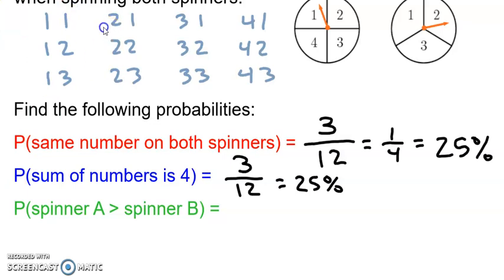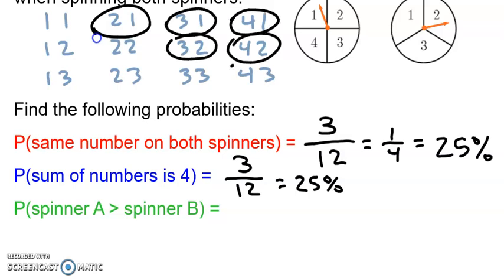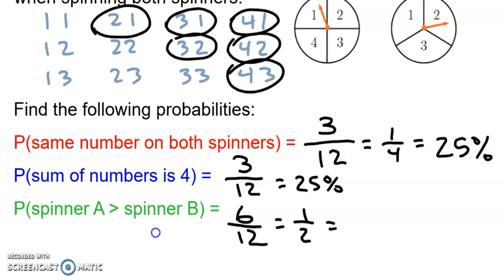Second column, 2 is greater than 1, so I could include that one. 3 is greater than 1 and 2, and then all 3 of these. Spinner A is greater than spinner B. So that's a total of 6, and I still have 12 in my sample space. So that's 1/2 or 50%.